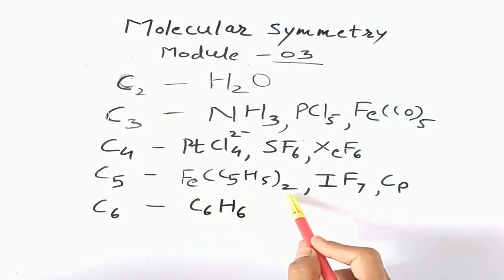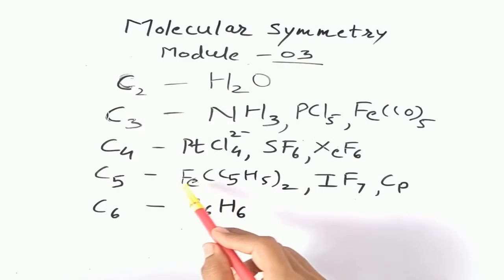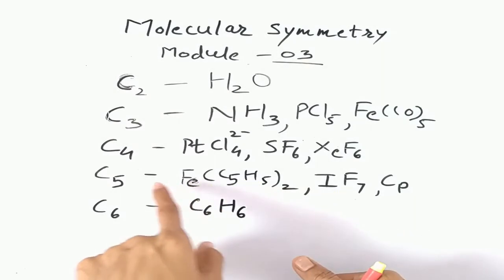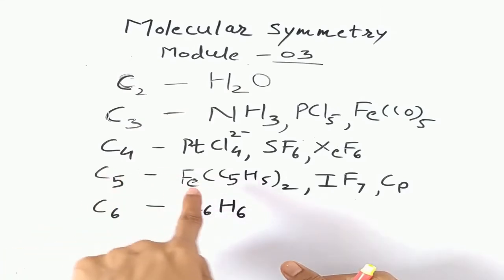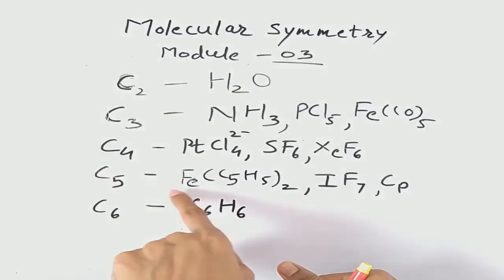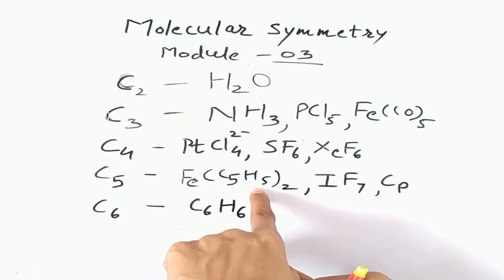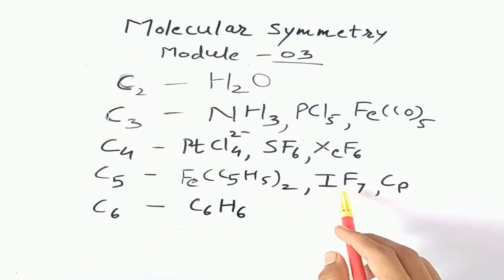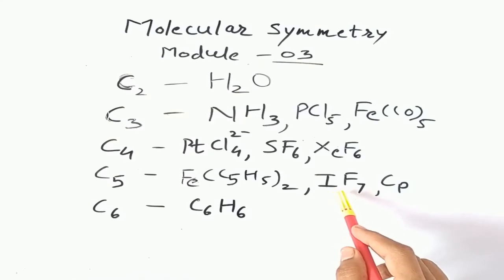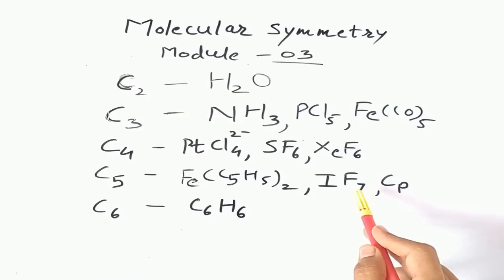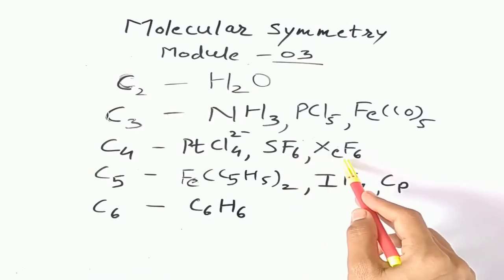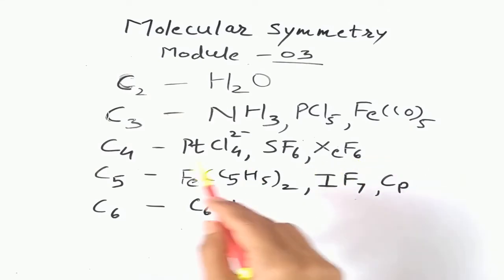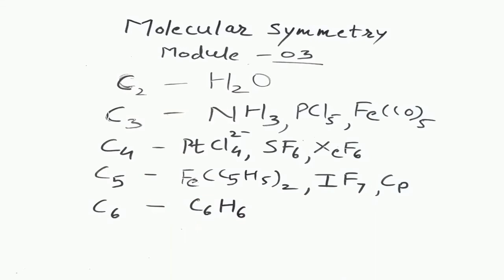It is ferrocene. You all might know Fe(C5H5)2 is ferrocene. In order to find out the C5 rotational axis, you will need to draw the correct structure of Fe(C5H5)2. Similarly, if you know the correct structure or geometry of IF7, SF6, XeF6, then only you can find out their rotational axis.